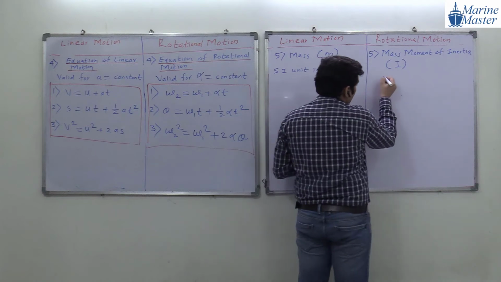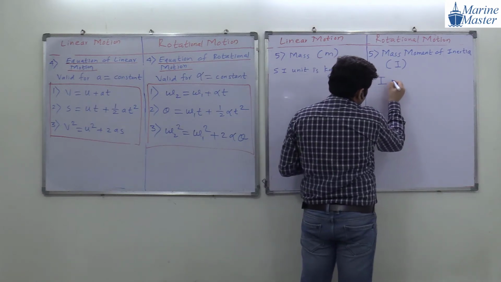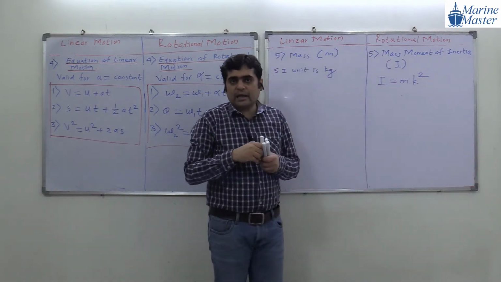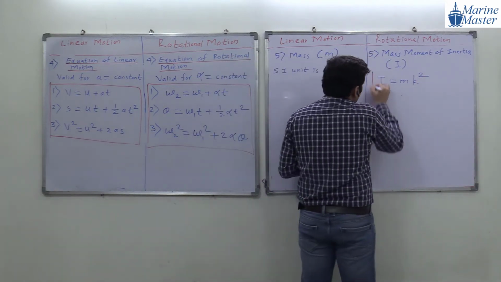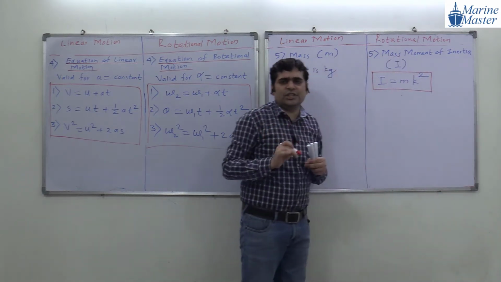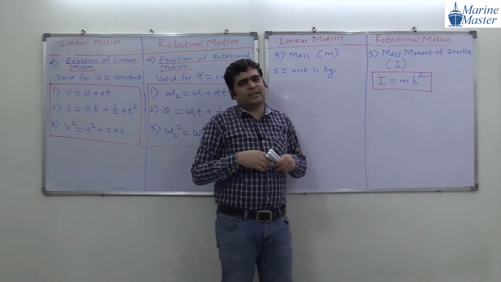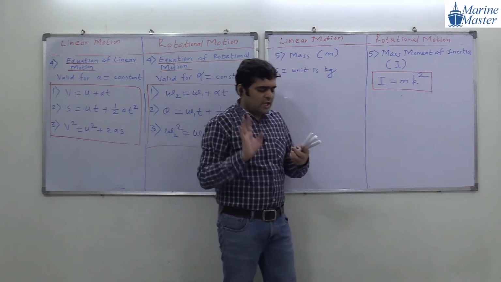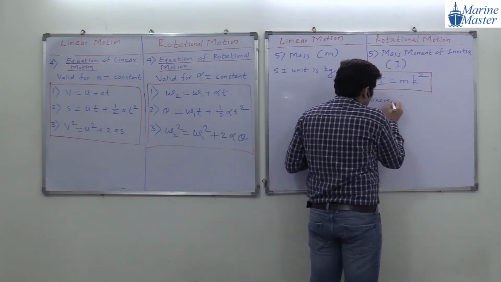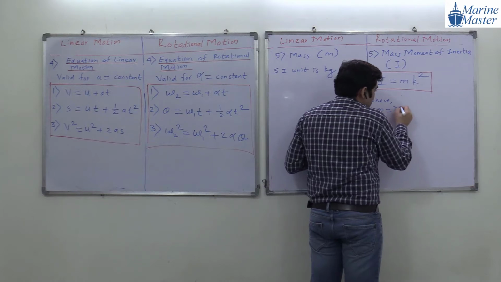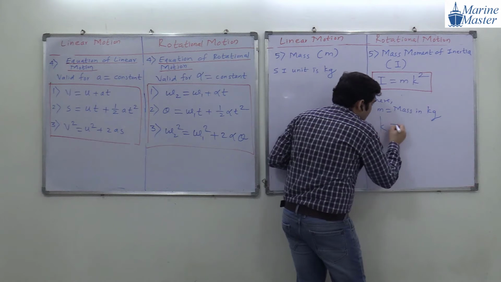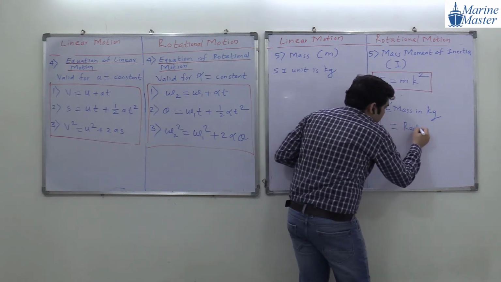Now you have to memorize this relation: I is equal to m k square. Don't try to understand anything more about mass moment of inertia, just memorize the relation. This is the only relation important to us from the exam point of view. Here m stands for mass in kg, and small k means radius of gyration.